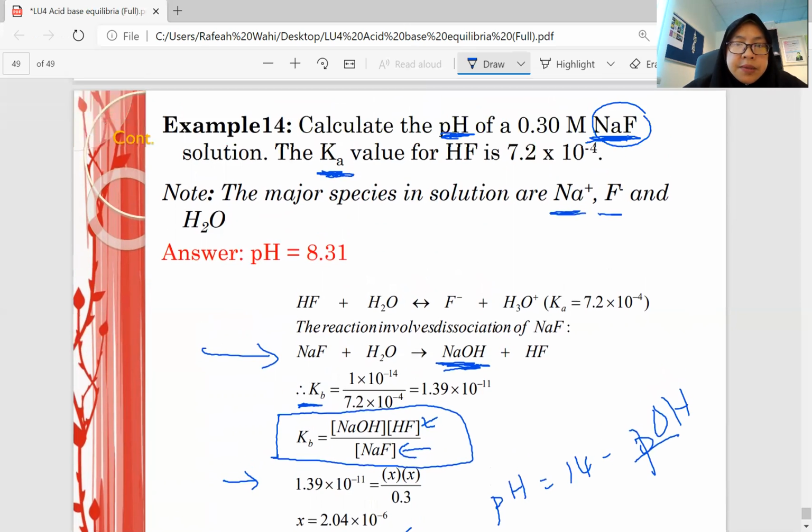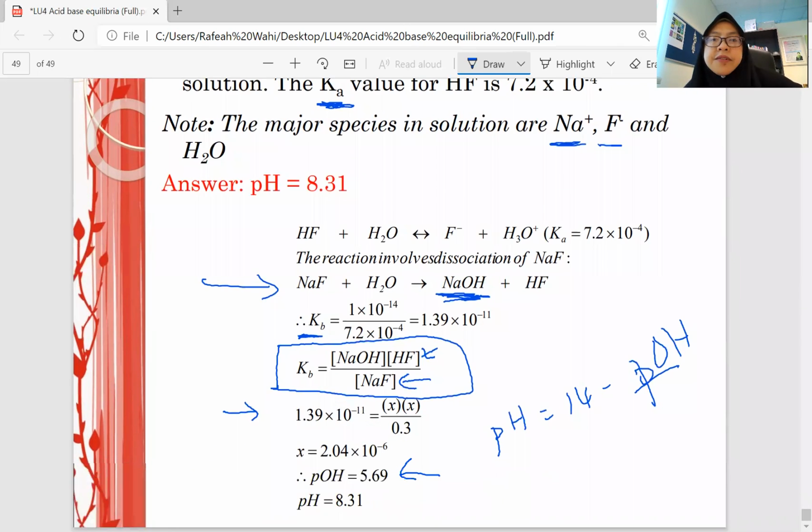Alright, so this is all about it for the last part of learning unit 4, which is acid-base equilibria. After this, we will continue with learning unit 5, acid-base titration. And hopefully, what you learn in learning unit 4, the important one is about Ka.